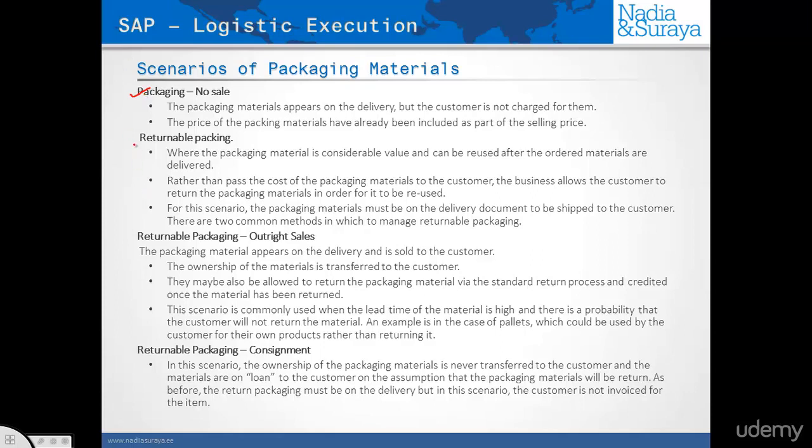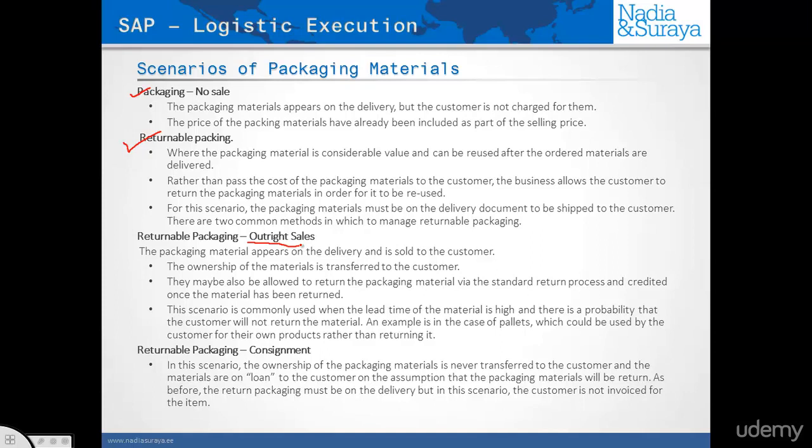The second scenario is something called return packaging. Return packaging means that when we ship to the customer, we clearly record the packaging material as a new item line. We will see this in the demo. We can outrightly sell it to the customer. So, for example, I pack the materials, the packaging materials appear on the delivery, and when I do the goods issue, that returnable packaging is sold to the customer.